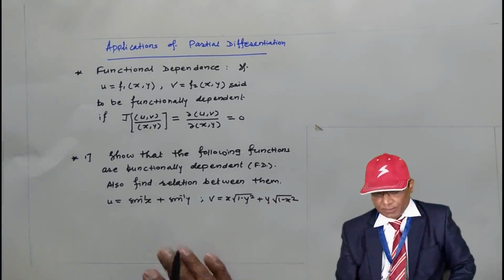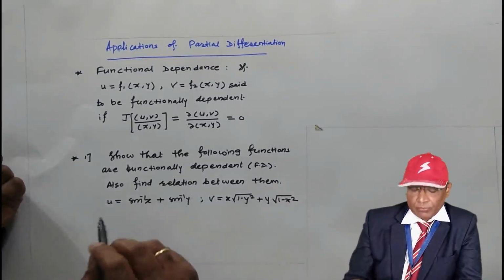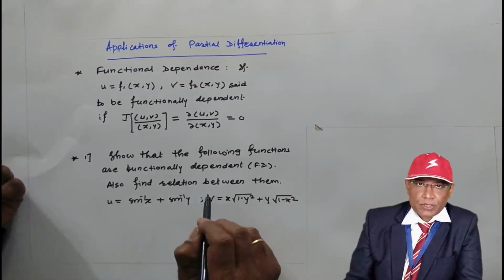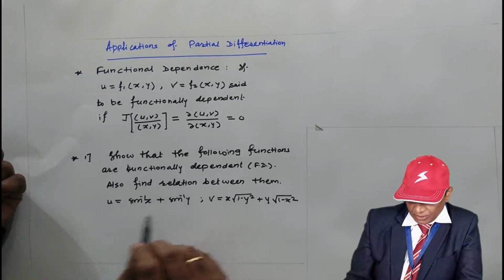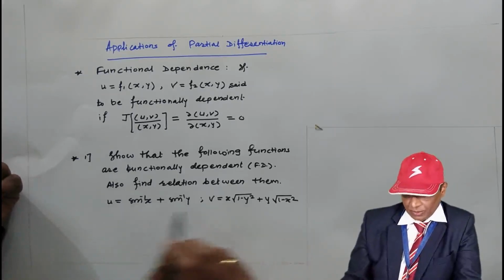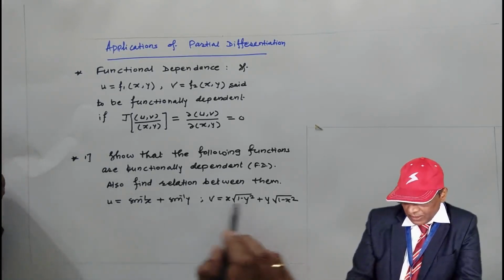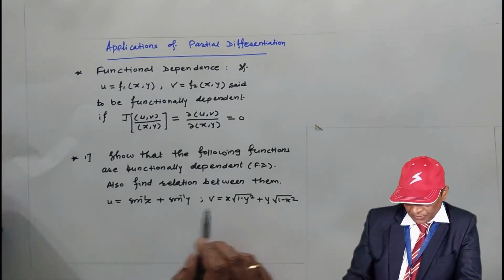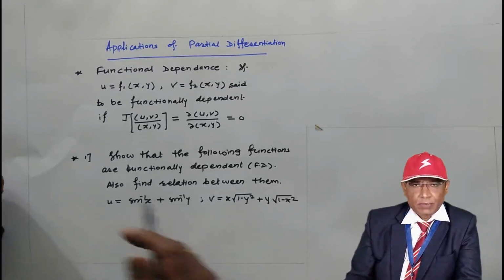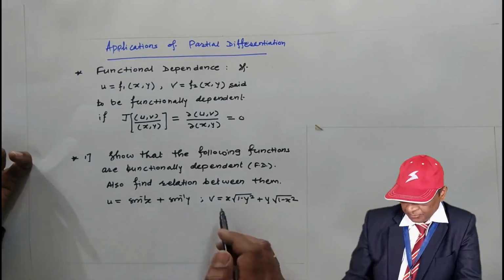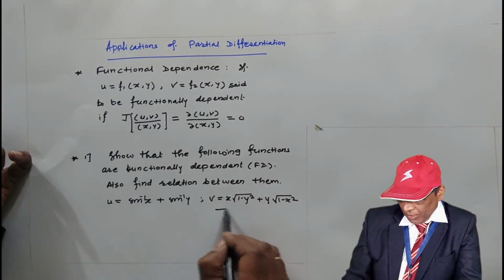These two functions are given. You may be given any functions. What is the question here? We have to show u and v are functionally dependent, and also find the relation between u and v. Here u has inverse trigonometric functions and v has algebraic functions in x and y.